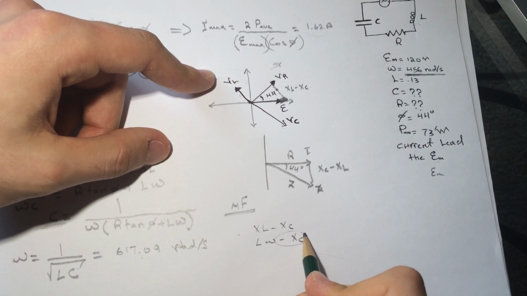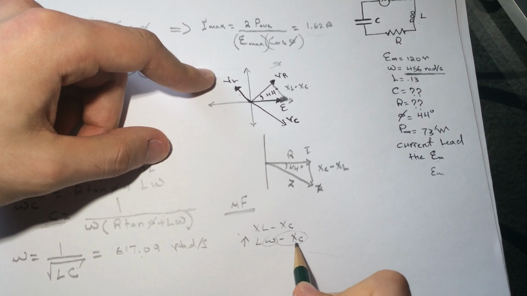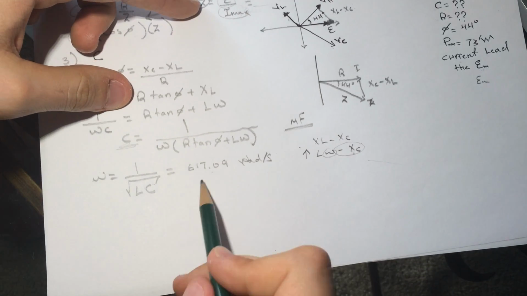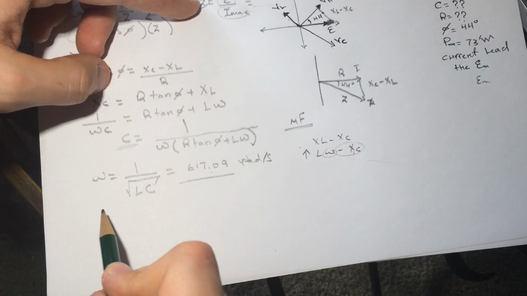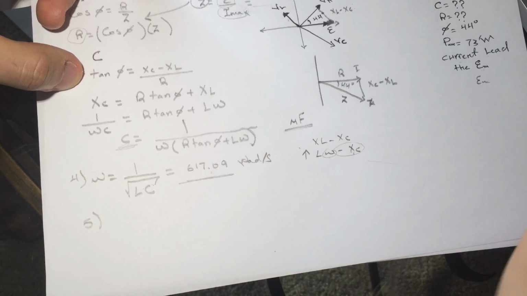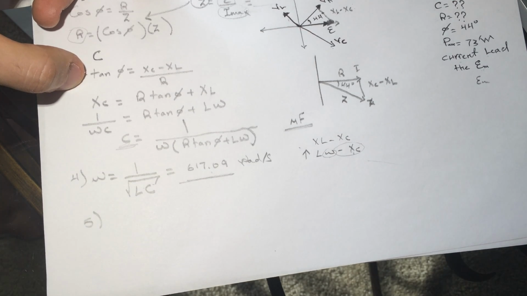If this is bigger than this, then the omega should increase, go up, in order to be equal to this. Well, but use this way, it's more accurate. So this is 4. And number 5, it's asking what is the average power delivered to the circuit when it's at resonance.